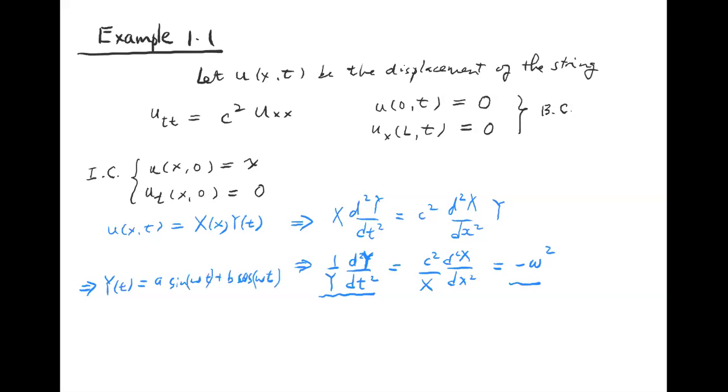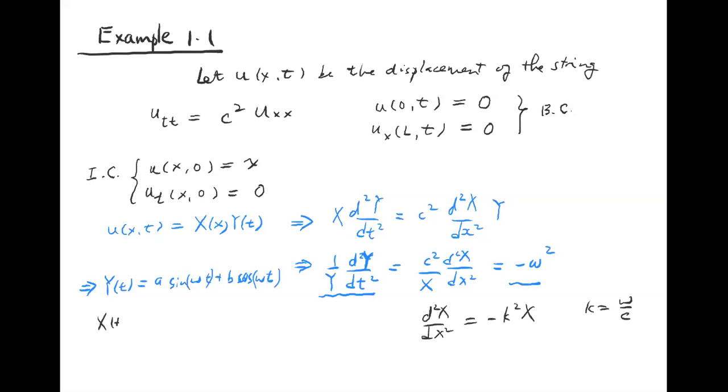And then the more important thing will be for the X part. Here X gets d squared X over dx squared equals minus k squared X, k being omega over c. So you get again the sine and cosine.